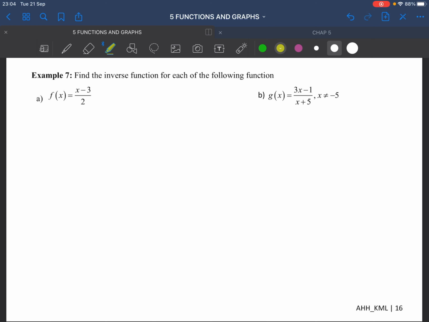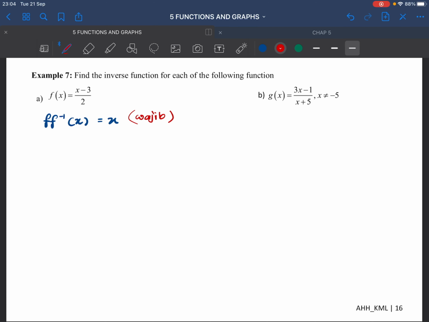So let's say the question says find the inverse of f(x). The first thing that you have to write is the property, which is f composite f inverse of x is equal to x. Ini wajib kena tulis. Apa pun cara yang kamu gunakan, ini wajib kena tulis.